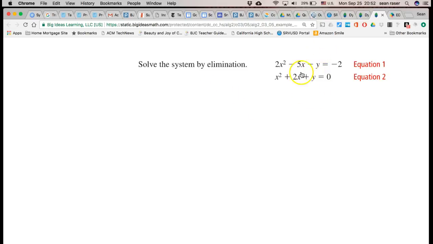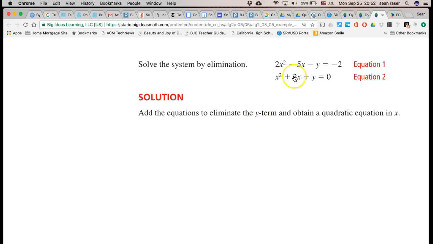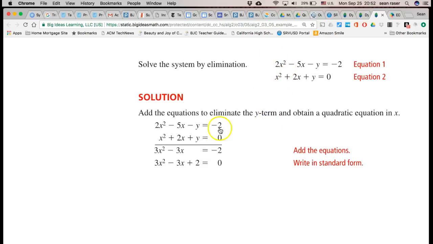So here's what we do. In this case, we've got minus y plus y. So if we add these together, we're going to eliminate our y value. And what will happen is we'll be left with just a quadratic with our x variable. So let's go ahead and do that. We line them up, we add them together, and remember, you want to line up all of your like terms.